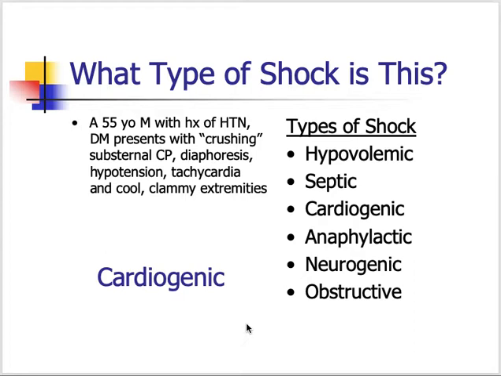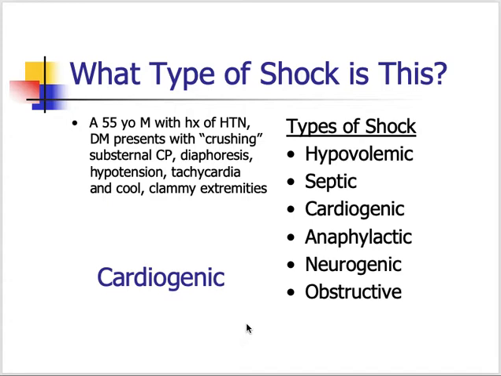The heart cannot pump enough blood, so less blood reaches the tissues, and the tissues will be hypoperfused or in a state of shock. When the origin is the heart, we call it cardiogenic shock.